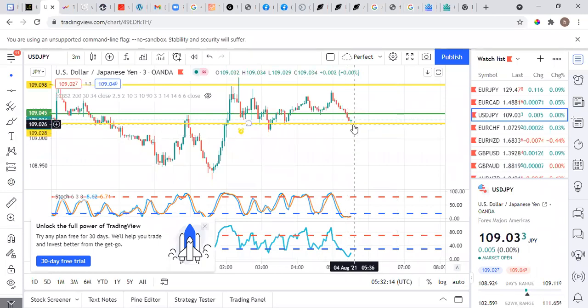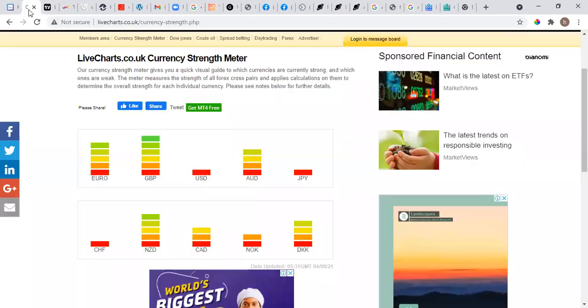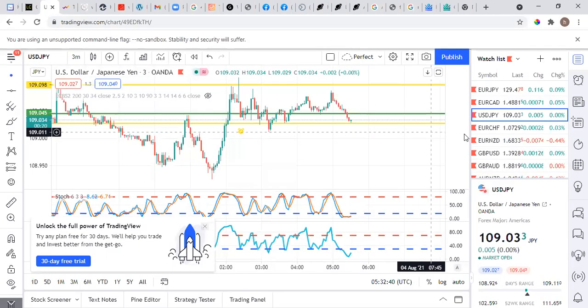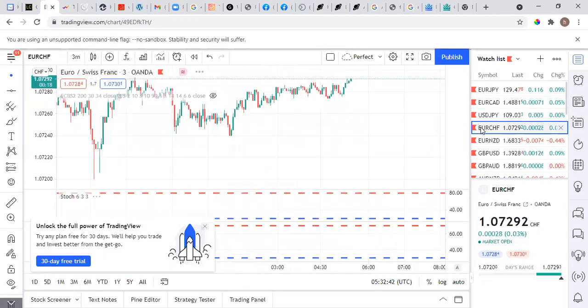Though technically it's okay for a buy because it has gotten to my area of support, according to the strength meter USD is weak, so it might not have enough strength to actually push up again. This would have been a good point for a buy for USD. It can actually go up, but I don't have my confirmation. Do you understand? I don't have my confirmation.